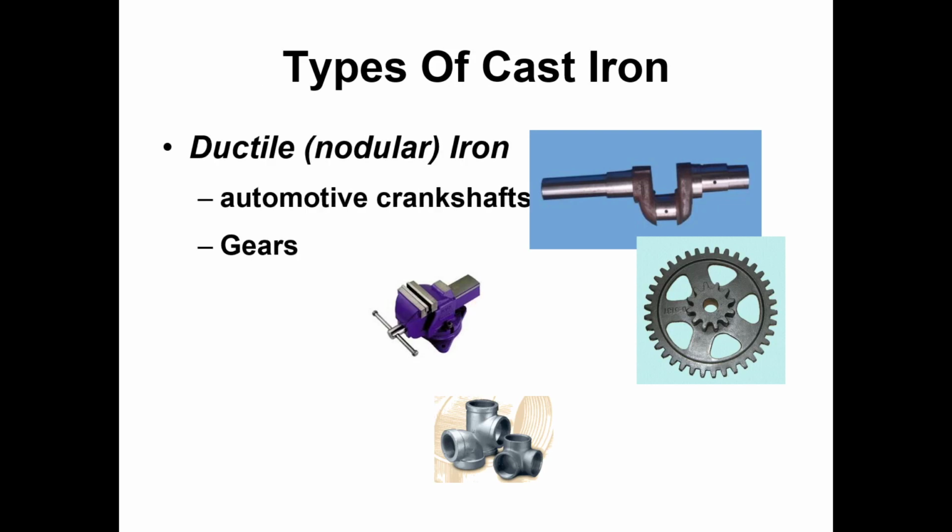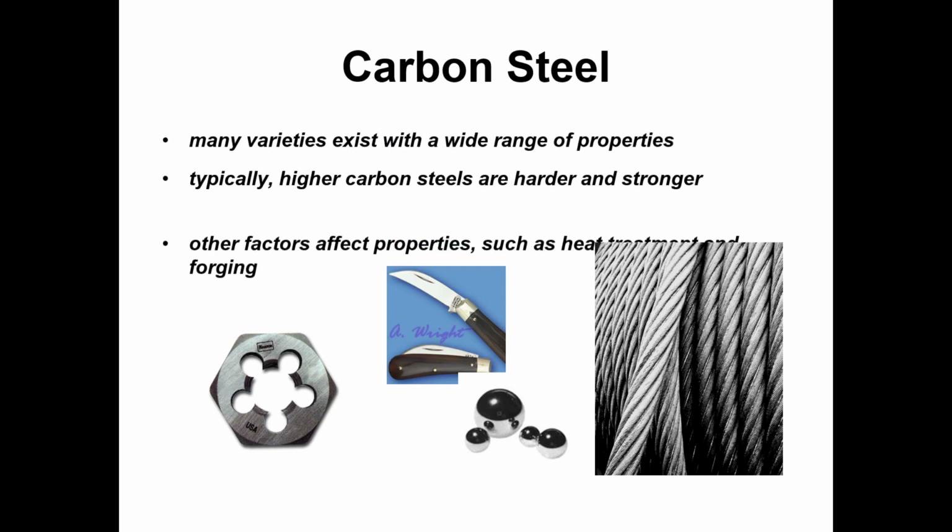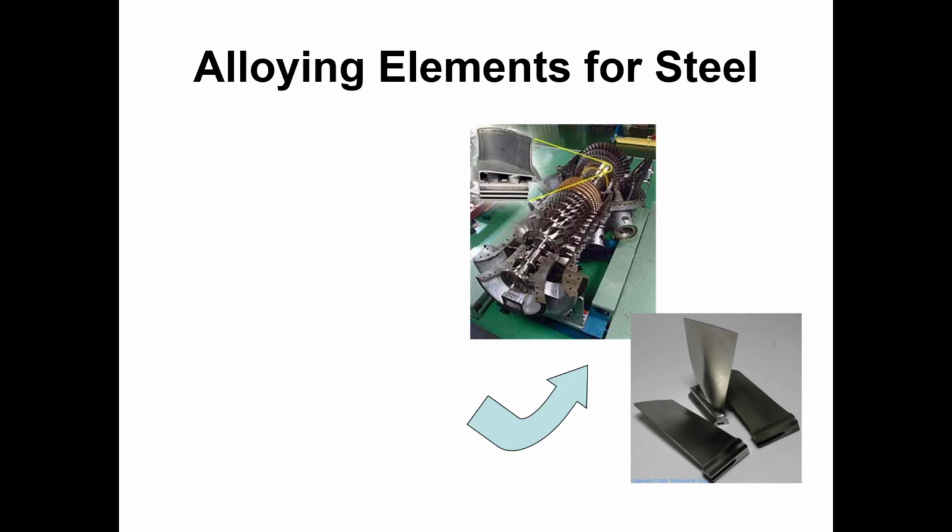Let's see, so there's also ductile iron, and gray iron and malleable iron, and once again these all have different chemical compositions as well as processes by which they're made. Then you get to carbon steel.